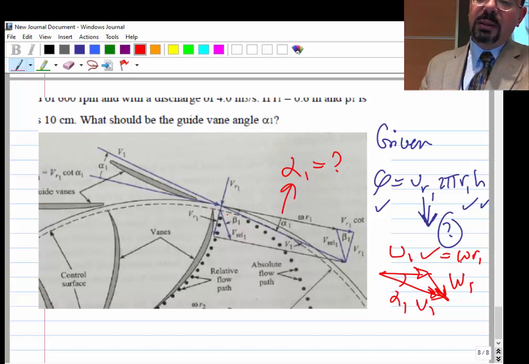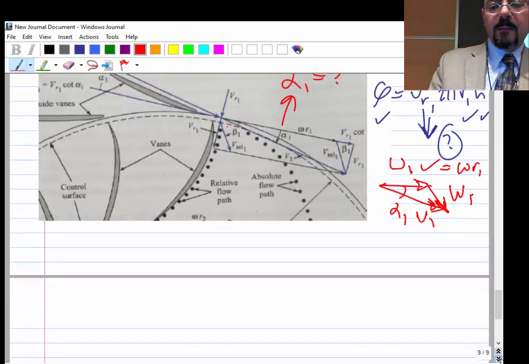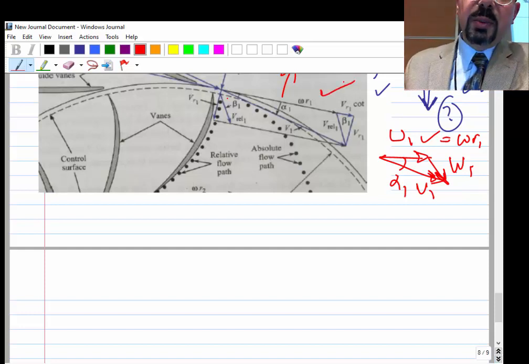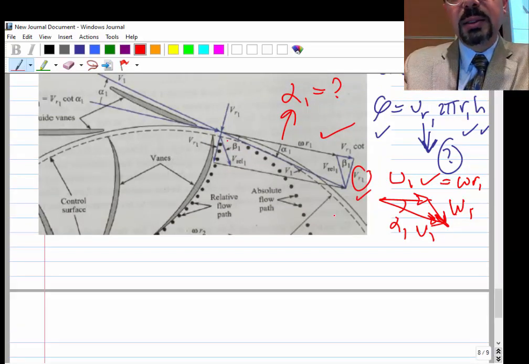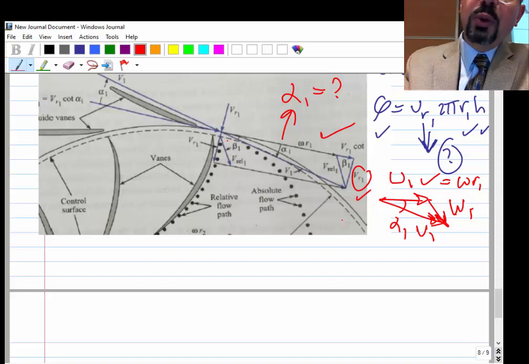So how can I get alpha 1? Knowing this omega R1, and we just got ourselves this VR1, and we know also 75 degree. We know beta 1. Beta 1 is 75 degree.